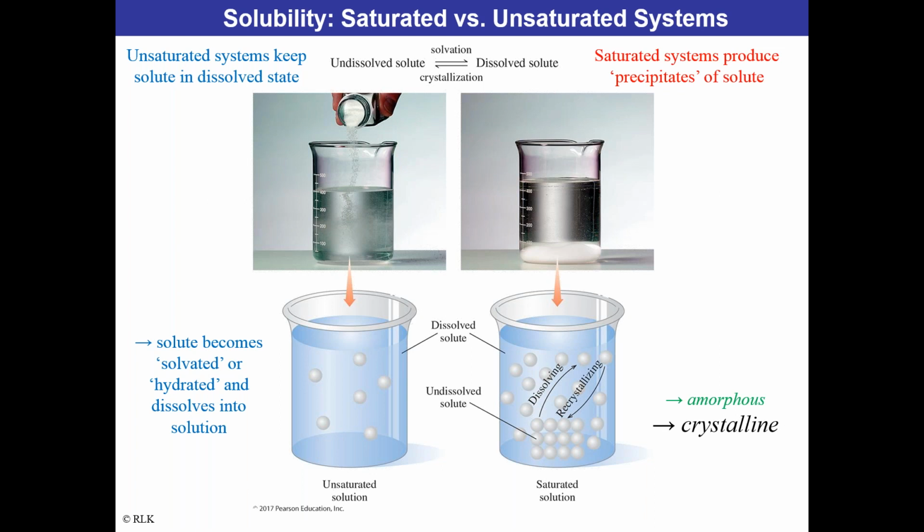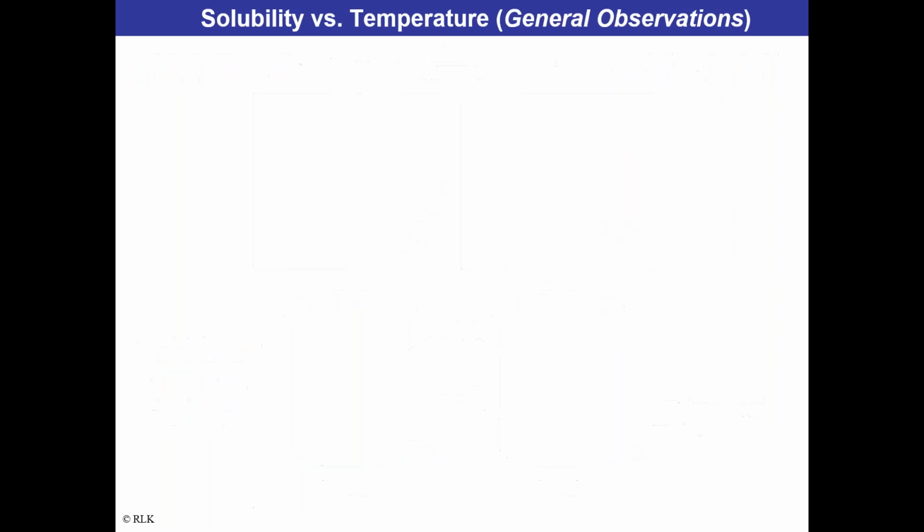But then it gets to the point where it actually precipitates, usually with some crystalline material that forms part of that precipitate, but it's also not uncommon to have amorphous material as well. So just know that both crystalline and amorphous materials can be involved in a saturated situation.